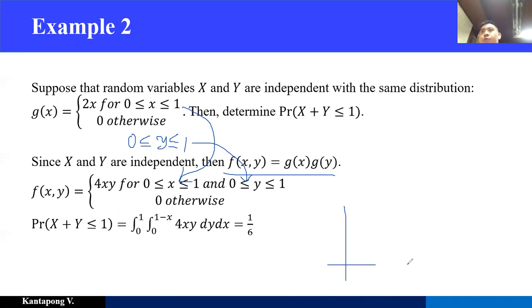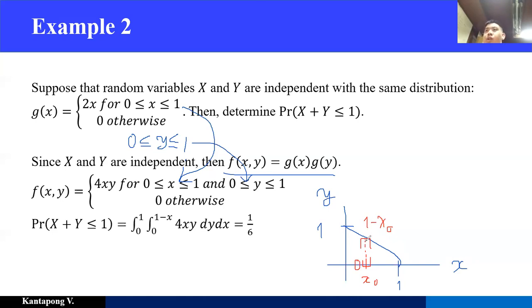For this one, if we draw the diagram, 1 and 1, if we want to integrate y first, then at each x, y must be between 0 and 1 minus x.